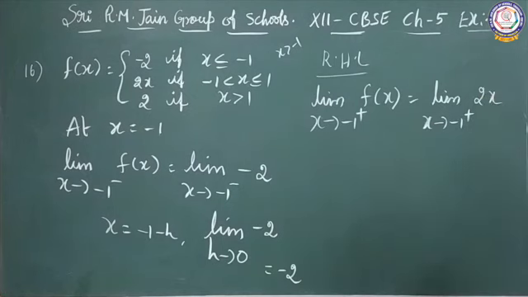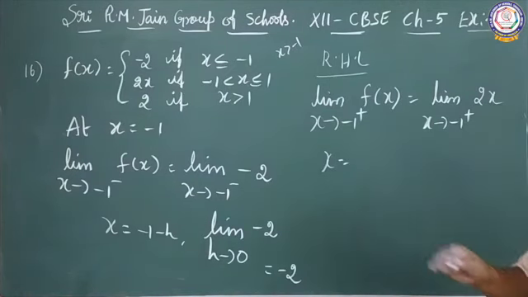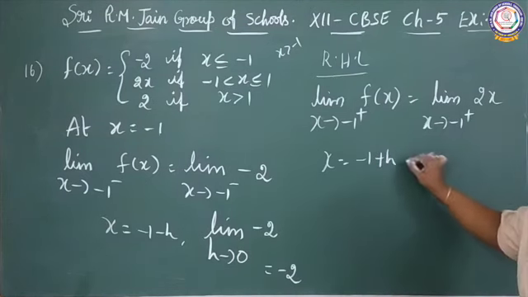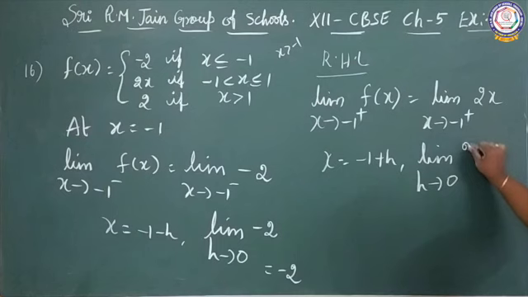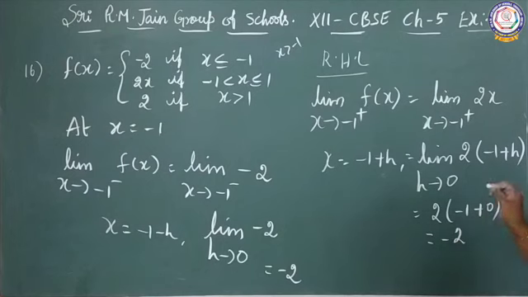You replace x by a plus h, which is minus 1 plus h. So, limit h tends to 0 of 2 into minus 1 plus h. You apply h equal to 0, and you get 2 into minus 1 plus 0, the value is minus 2.